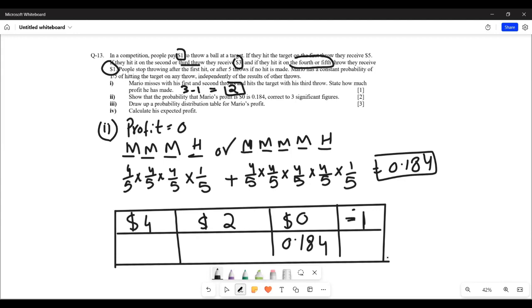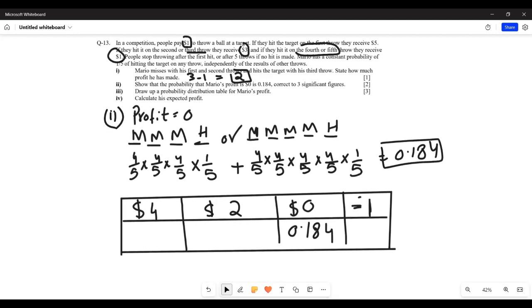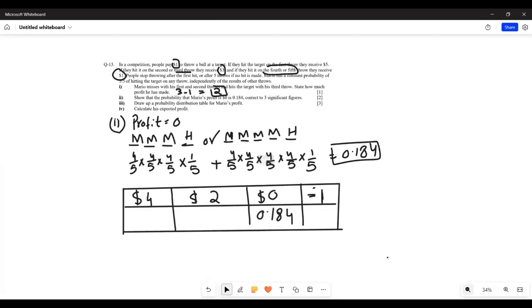Now let's find the probability that he makes a profit of $4. That is when he hits the ball at the first attempt. So first hit, that is a probability of 1/5. So 1/5 here. Then he receives $3 if he hits in the second attempt or the third attempt.